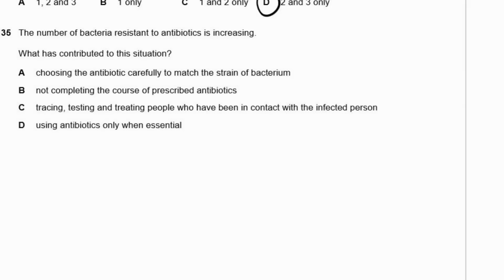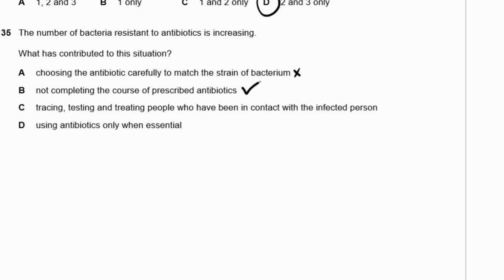Question 35. The number of bacteria resistant to antibiotics is increasing. What has contributed to this situation? Sad, but it's true. Choosing the antibiotic carefully to match the strain of bacterium? No, that would actually be a good thing. Not completing the course of prescribed antibiotics? Yes, that is the biggest thing, other than oversubscription of antibiotics, that can cause antibiotic resistance.